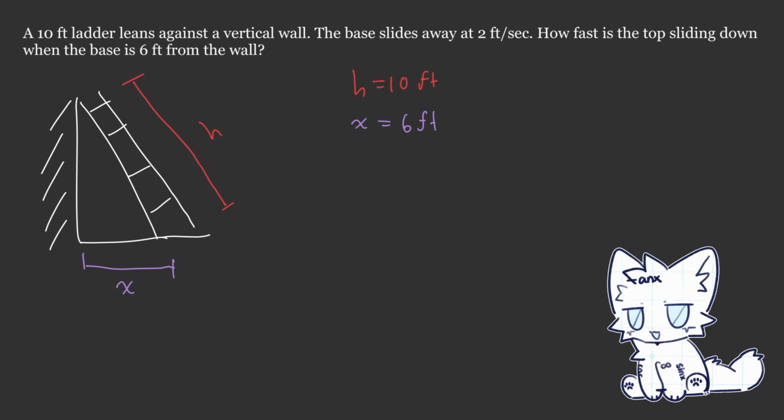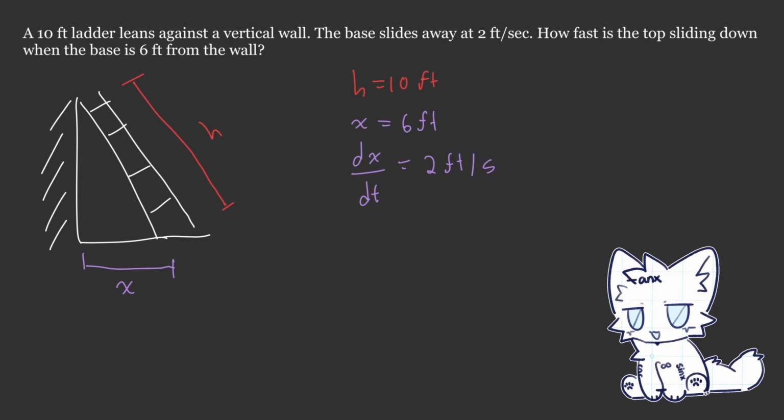I'll give you a moment. Hopefully you tried that out. That would be dx/dt is equal to 2 feet per second. So x is changing with respect to time at 2 feet per second.